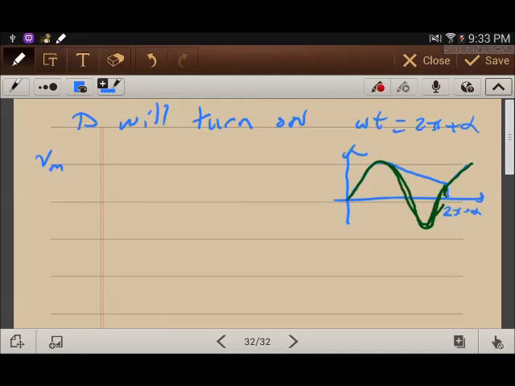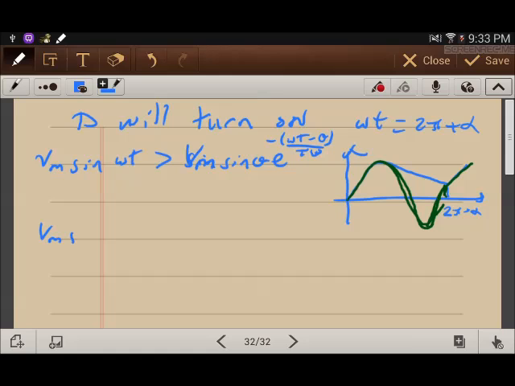So we said V maximum sine omega t is greater than V maximum sine theta e to the minus omega t minus theta over tau omega.